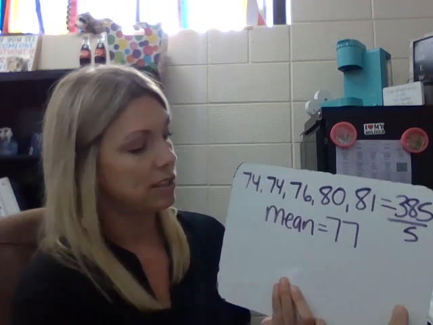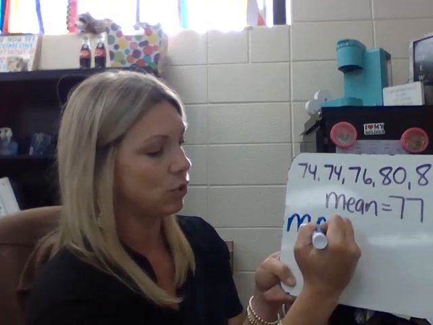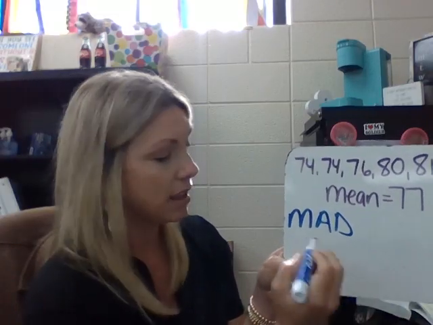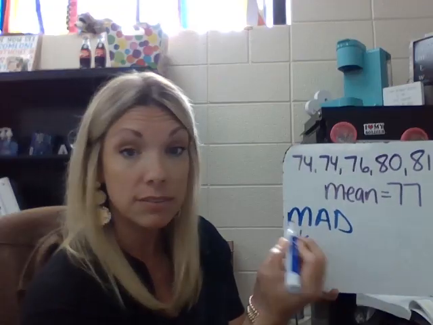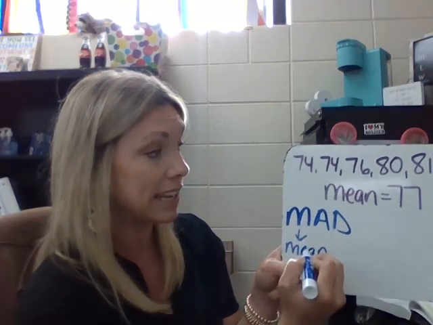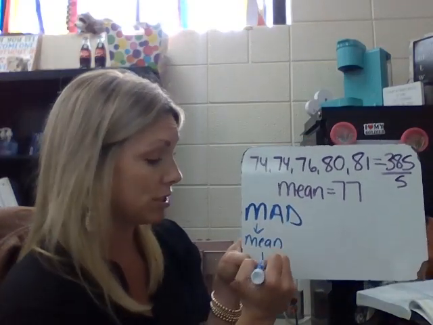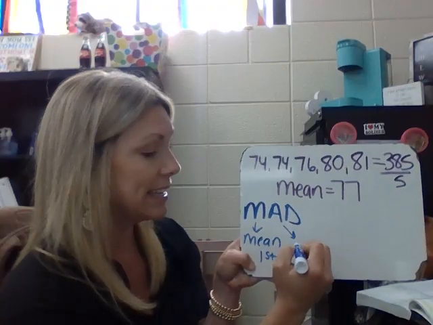So that's your very first step. So we did that. So let's write down what MAD stands for. MAD. The very first step to finding your MAD is finding your mean. The first word means mean, and you got to find that first, okay? So find the mean first. Second is absolute.